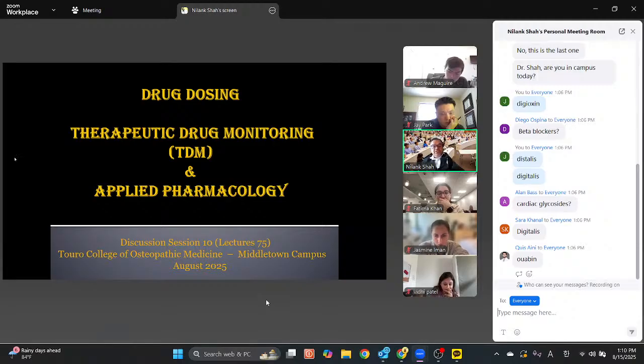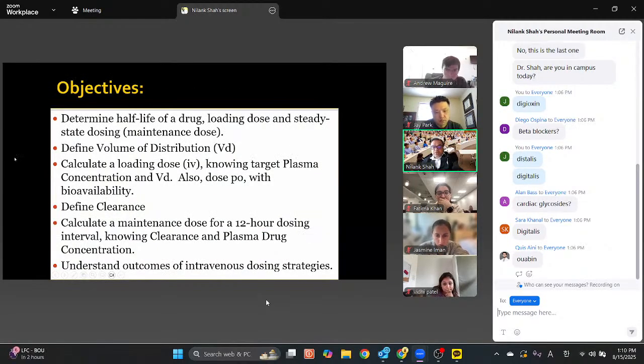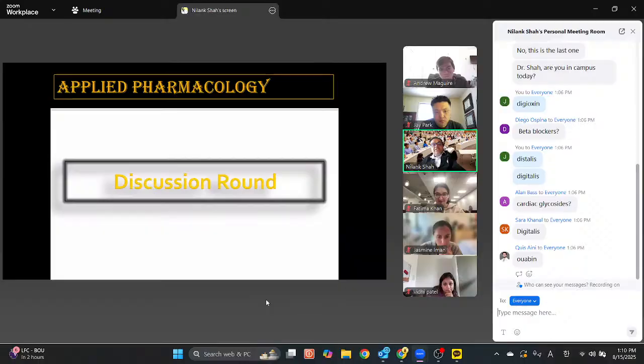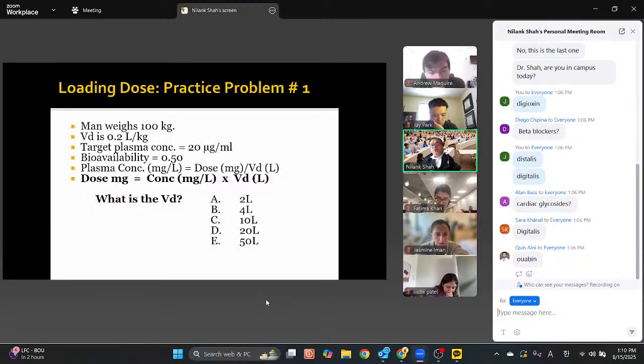This is the set of learning objectives, and as we discussed yesterday, when we talk about calculation questions, math-based questions, this is a heavily math-based session today. So I will just give you this question first. I'll start the poll. You can try to calculate based on your knowledge and understanding from the video and the resources I have provided on Canvas.